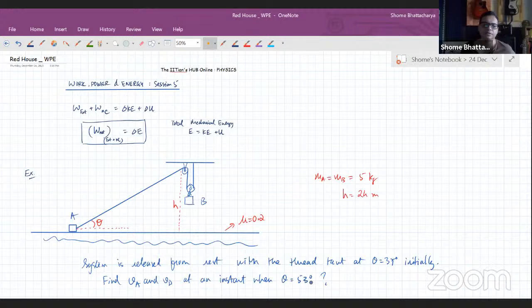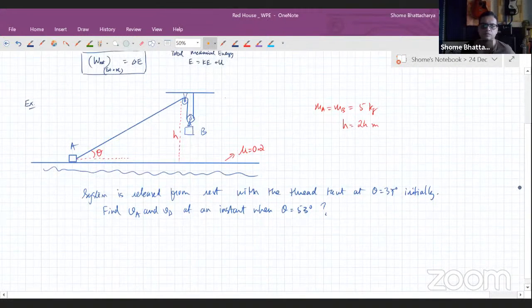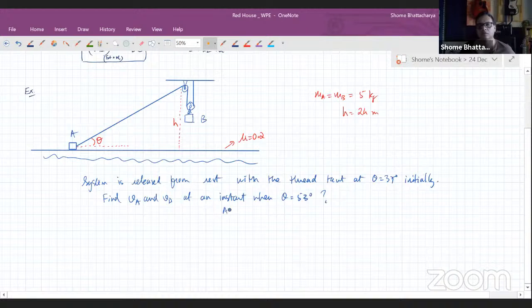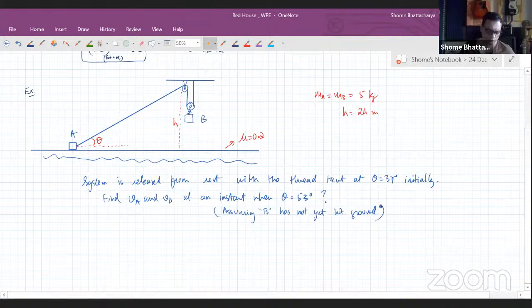Assume that by the time the thread's angle becomes 53, block B hasn't hit the ground yet. Just try out this question, people.